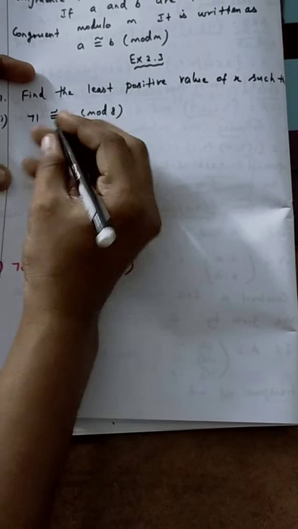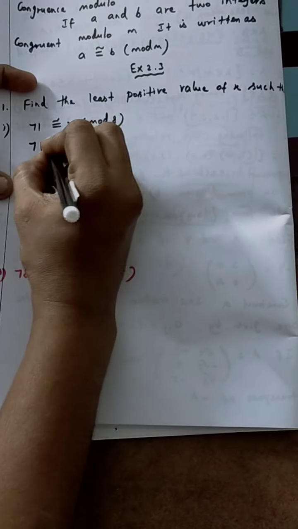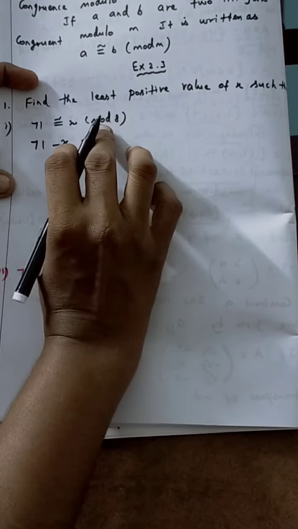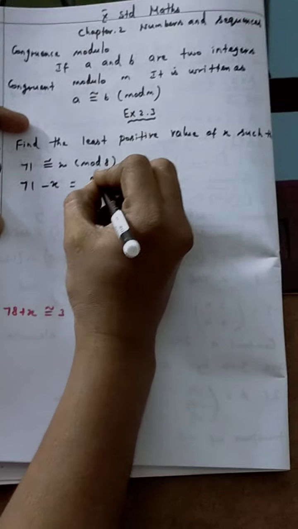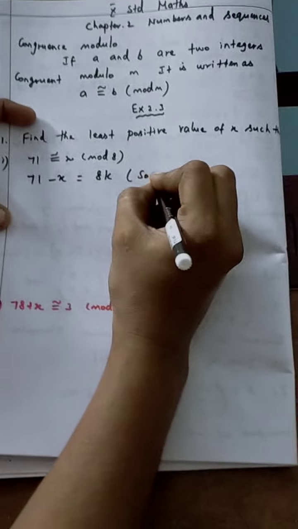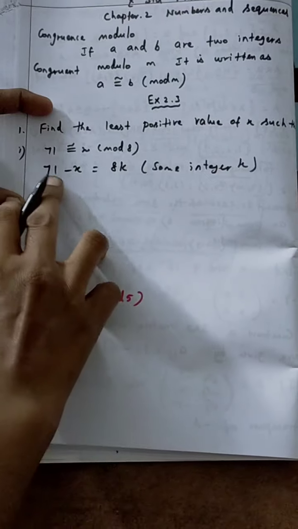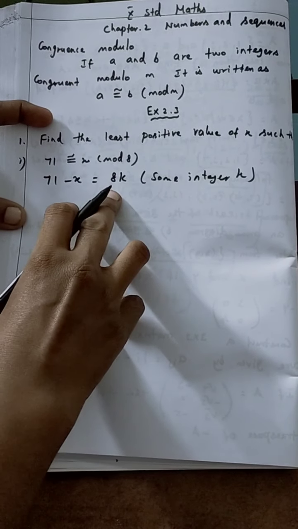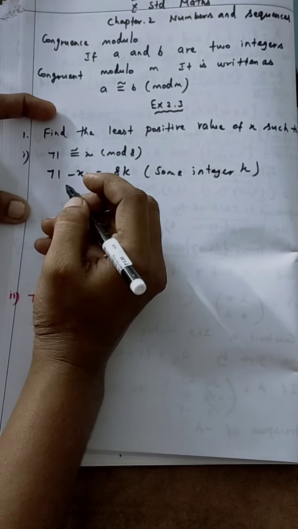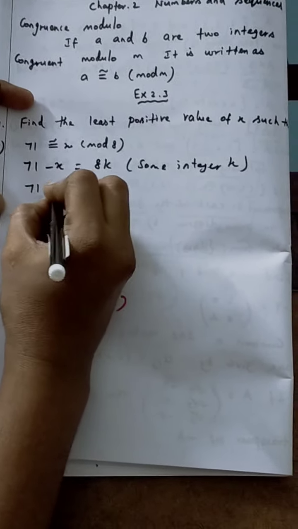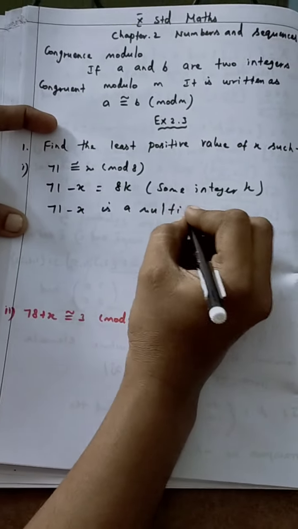Write 71, change the right hand side x to the left hand side: 71 minus x equals a multiple of 8, that is 8k, for some integer k. So 71 minus x equals 8k for some integer k. Next step, write 71 minus x is a multiple of 8.